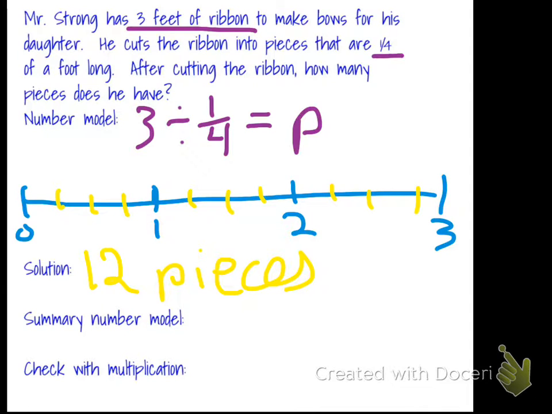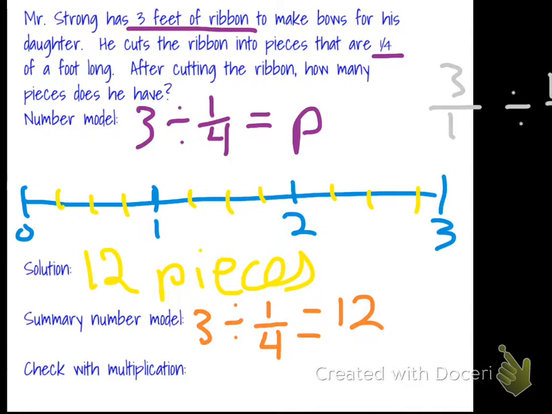The summary number model, that's just the number model with the answer. So we have 3 divided by 1/4 equals 12 pieces. And now our check with multiplication, again, I'll do it over on the side. So we have to turn 3 into a fraction, so it becomes 3 over 1.